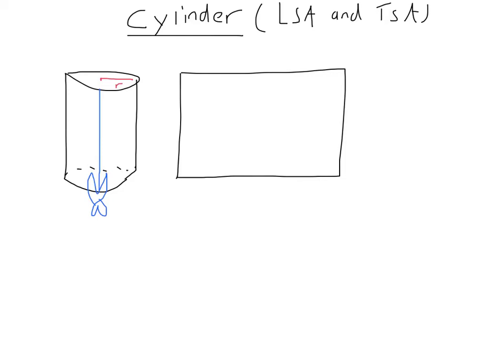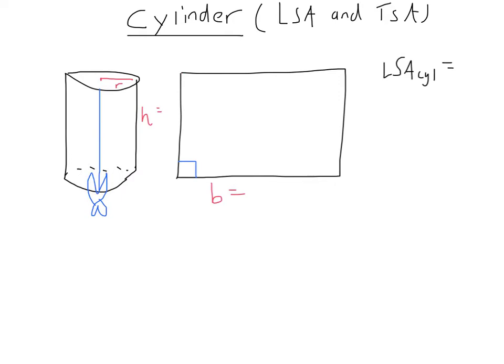So then you might say, well, what's the lateral surface area of a cylinder? It's going to be whatever this rectangle is, and since it is in fact a rectangle, we'll have to figure out what the base is and what the height is. Pretty clearly, the height here is the height of our cylinder, so I'm going to keep that h there.